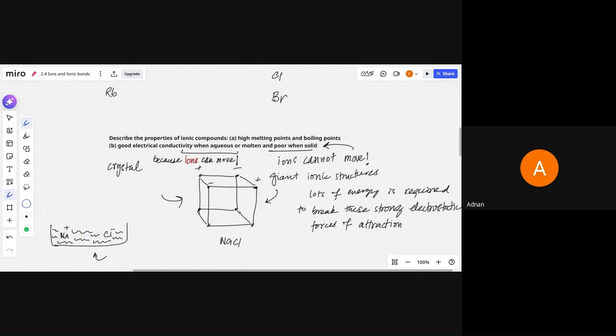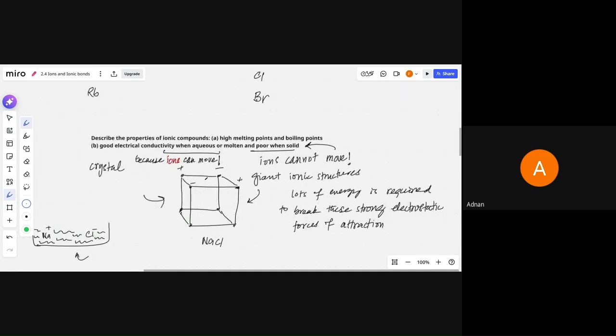So yeah, this one describes the properties of ionic compounds, high melting and boiling points. And I think for core, we just have to know that ionic compounds have high melting and boiling points. We don't need to explain it, right?